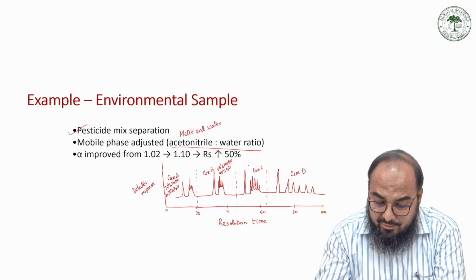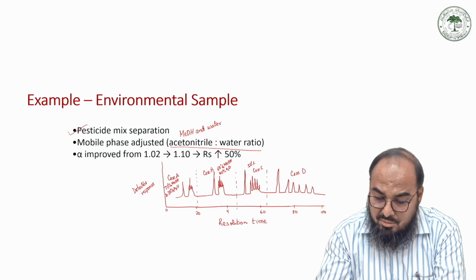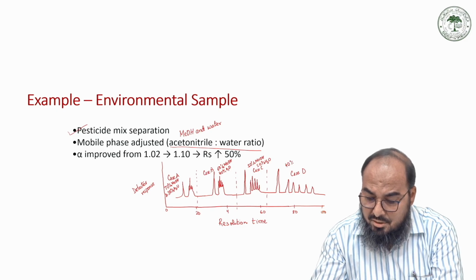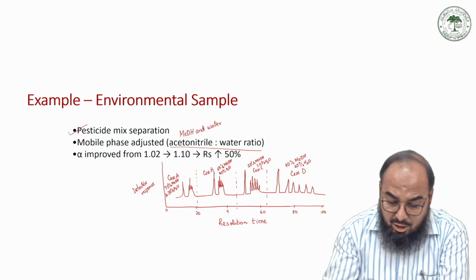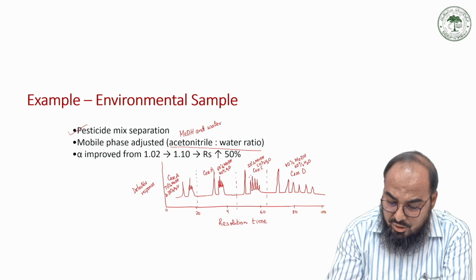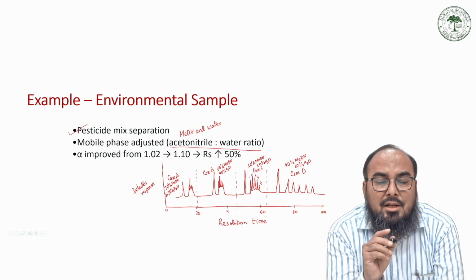Similarly, we have here 50% methanol and 50% water. Here we have 40% methanol and 60% water. Now altogether we get, for example, here it is a clear case. We get component 1, component 2, component 3, component 4, and component 5.